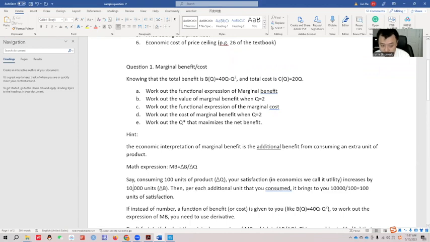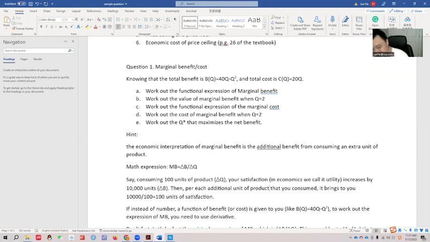Therefore, each additional unit of product that we consume brings us 10,000 units over 100, which is 100 units of satisfaction. So this is how we understand marginal benefit from its economic interpretation.